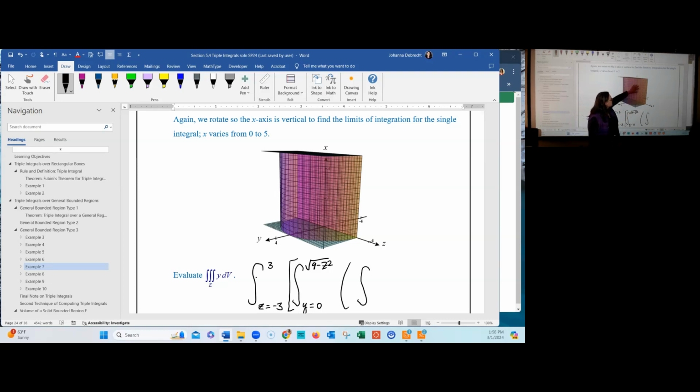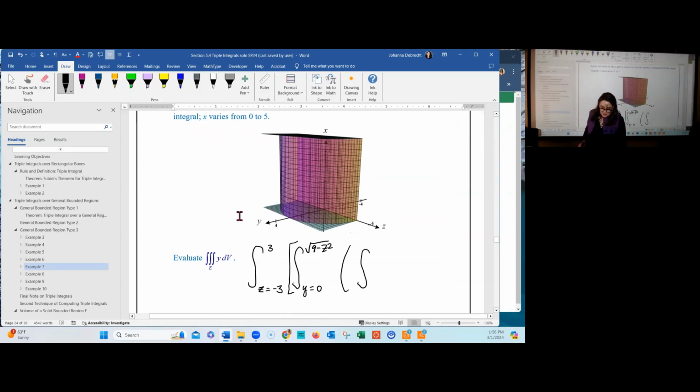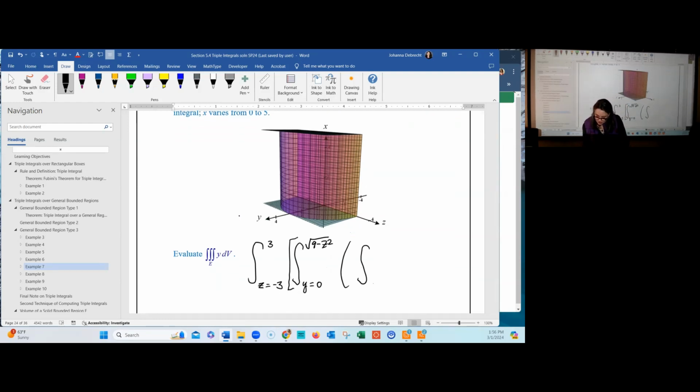When we're looking at this semicircular tube, the bottom surface is given by x equals 0, that plane, and the top surface is given by x equals 5, the upper plane. So this is going to give us our limits of integration, that x is varying from the plane surface on the bottom to the plane surface on the top.